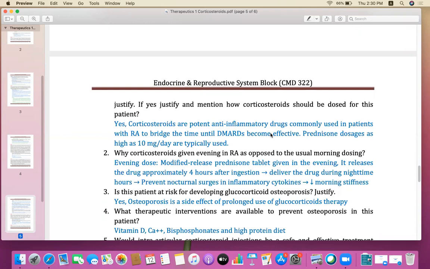So to inhibit the nighttime inflammation and to reduce the morning stiffness, we have to give the evening dose, as we discussed in the lecture. A modified release prednisone tablet is given in the evening. It releases the drug approximately 4 hours after ingestion and delivers the drug during nighttime hours, so it will prevent the nighttime inflammation and decrease the morning stiffness.